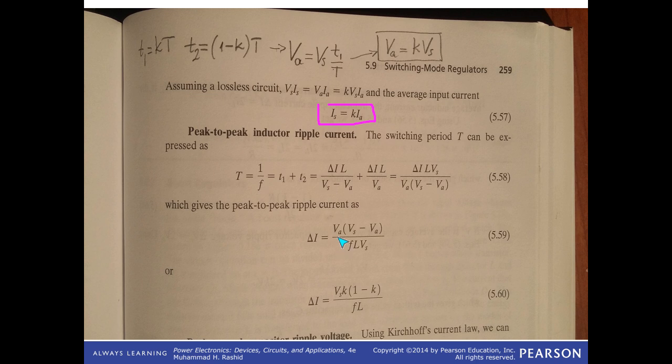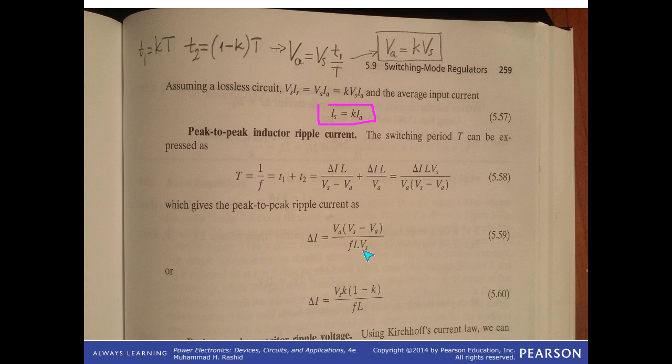VA times Vs minus VA. So if you put those equations here, T1, T2, and so on, then you end up with delta I, the current fluctuation, equal to Vs times K times 1 minus K over FL. Or in other words, VA times Vs minus VA over FL Vs.